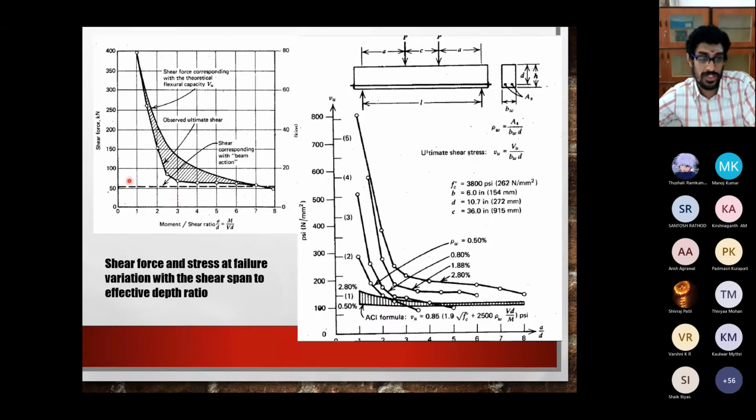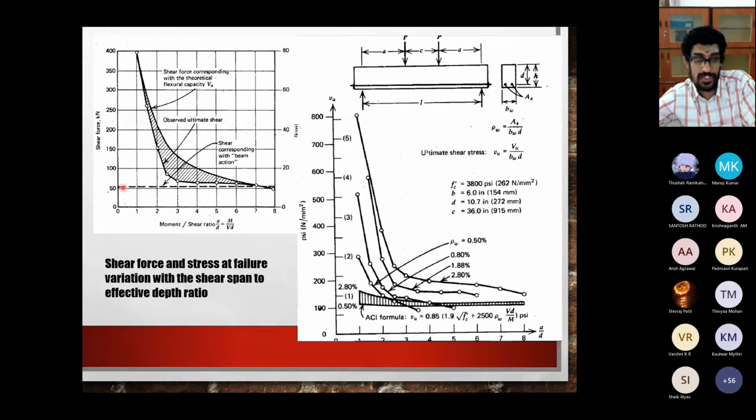So this is what that shows, the a by d ratio with respect to the shear force. So that's what you see over here. You see that when your a by d ratio is a moment by shear ratio, if it's quite large, your shear force will be quite less and your moment governs, okay.